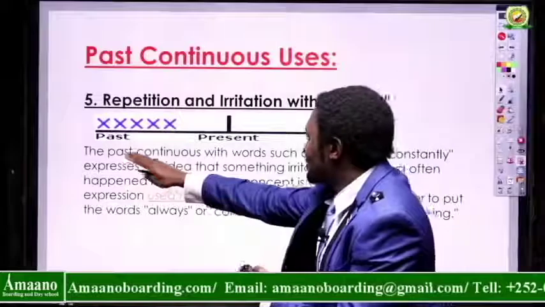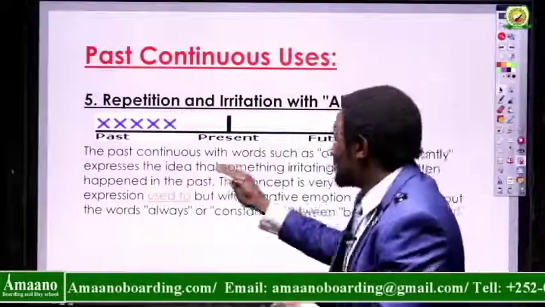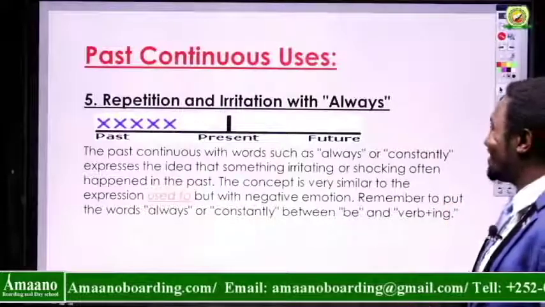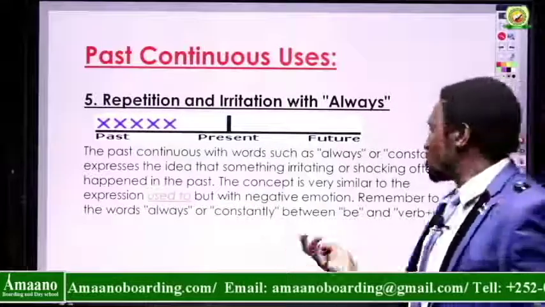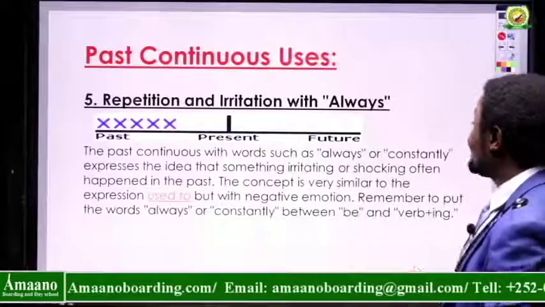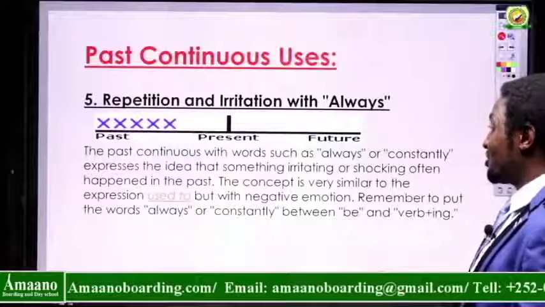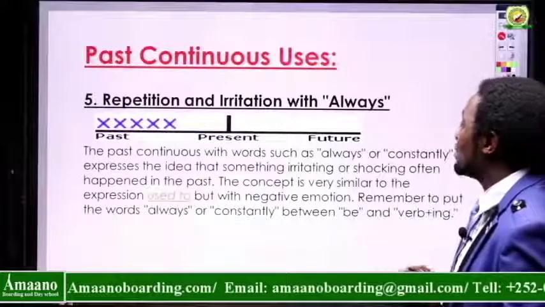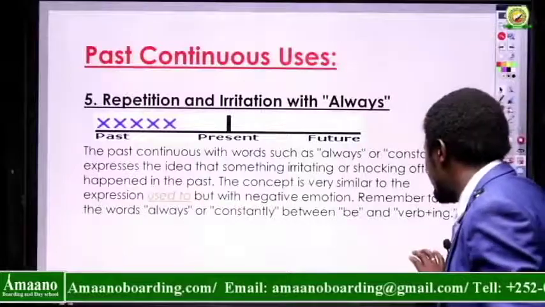So remember, this is the past, present, and future. The past continuous with words such as always or constantly expresses the idea that something irritating or shocking often happened in the past. The concept is very similar to the expression used to, but with negative emotion. Remember to put the word always or constantly between be and the verb with ing.